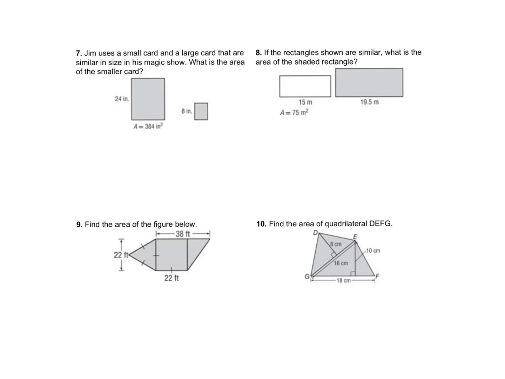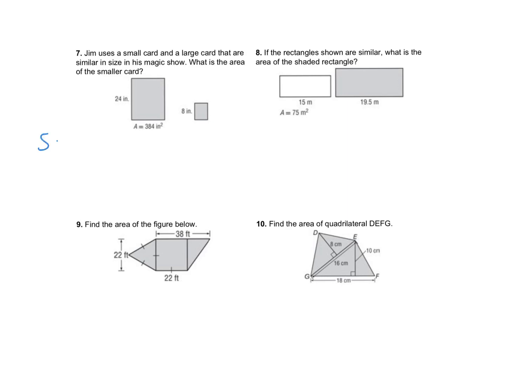All right, number 7. So number 7 and 8 are very similar, so I'm just going to go over number 7 because you would follow the same process to solve number 8. So it says Jim uses a small card and a large card that are similar in size in his magic show. What is the area of the smaller card? So what we want to do is identify the scale factor that's being used to create this smaller card.